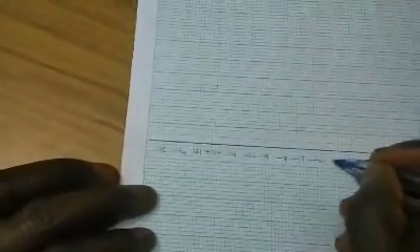So therefore, we turn to our graph now, and using those points, we can draw our graph. So the least value of x is negative 15. So we have negative 15, negative 14, negative 13, negative 12, negative 11, negative 10, negative 9, negative 8, 7, 6, 5, 4, 3, 2, 1, 0, 1, 2, 3.